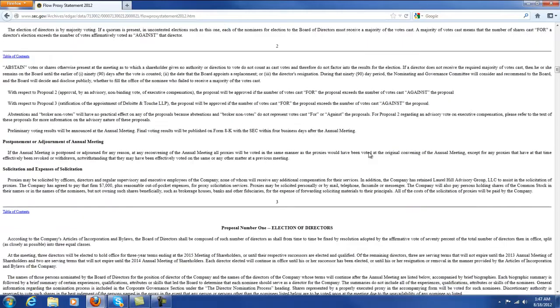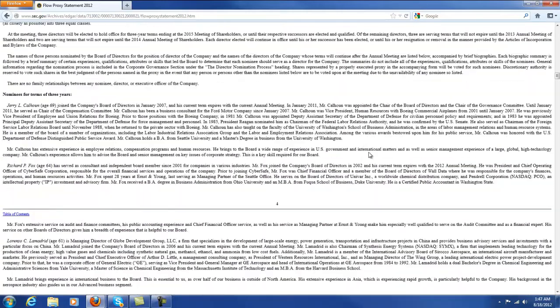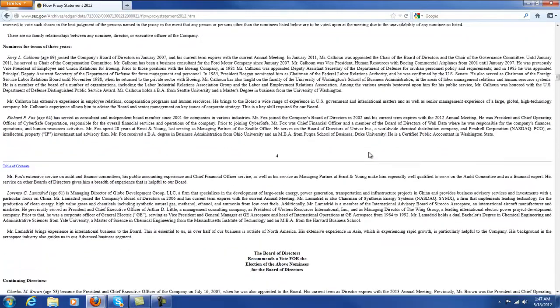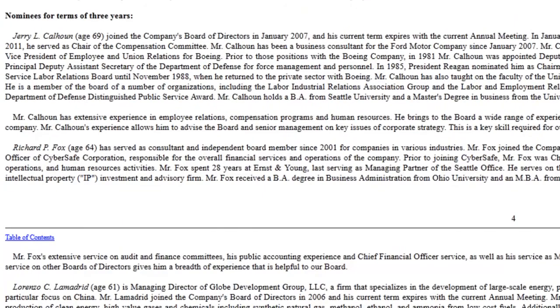Now that's voting instructions. Then this form also talks about various directors and who they are, what their background is, how much experience they have in a particular industry, and whether they serve on other boards. Again, this is information that you want to read.